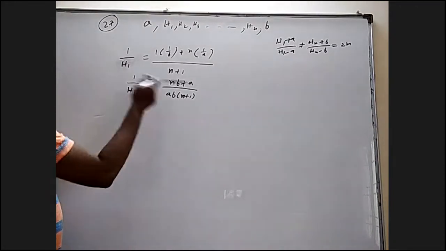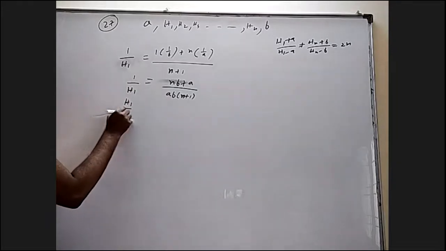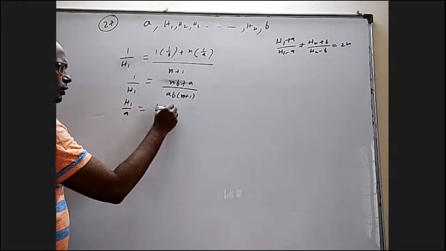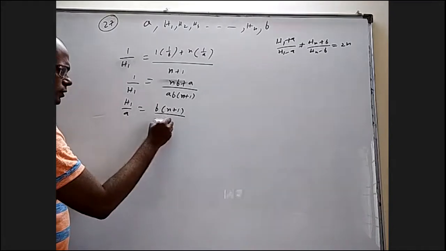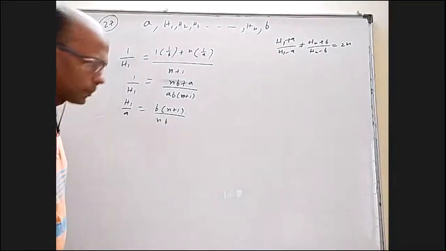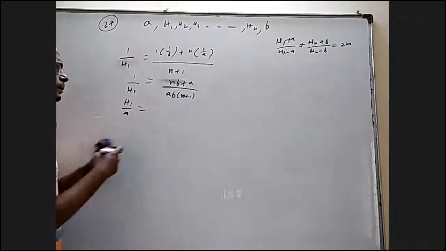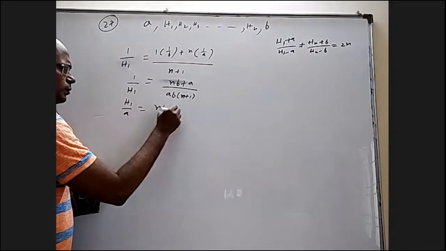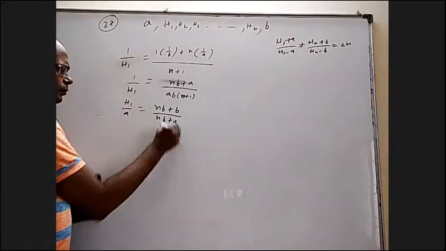Taking this A up and then the reciprocal, I'll get H1 by A as B into n plus 1 by nB plus A. Even split it: nB plus B by nB plus A.